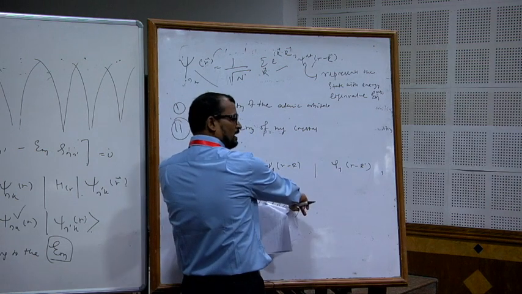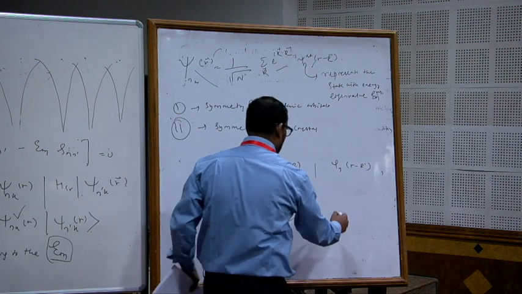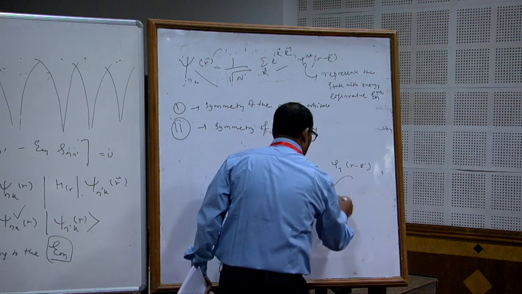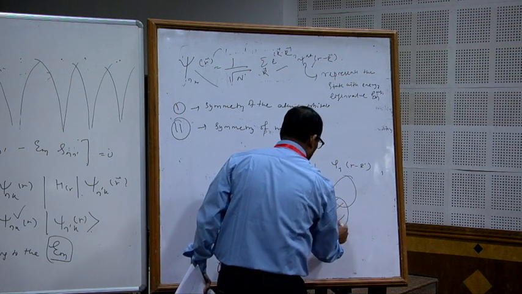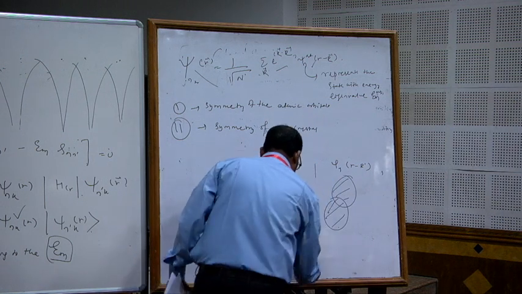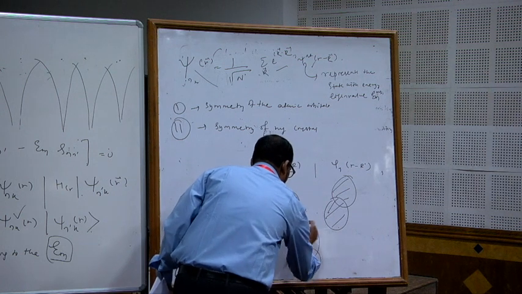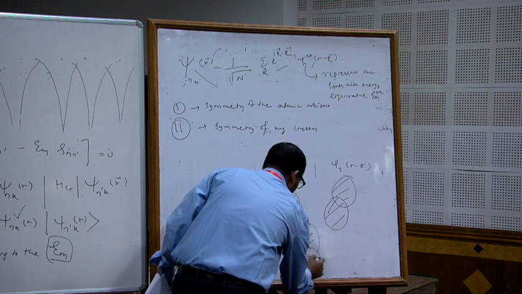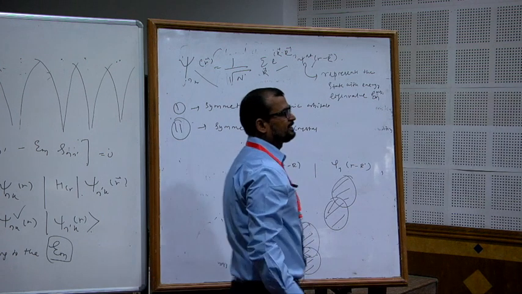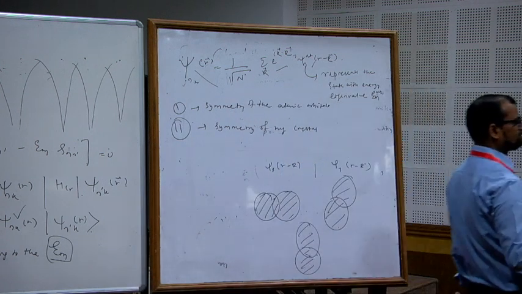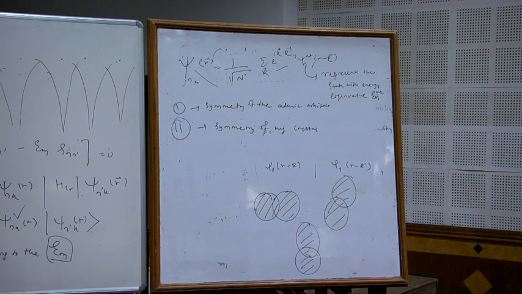If those two are lying along the x-axis, or along the y-axis, or some other axis, you will say that the interaction is isotropic. Your s electron cloud is spherically symmetric, so their interaction is isotropic.